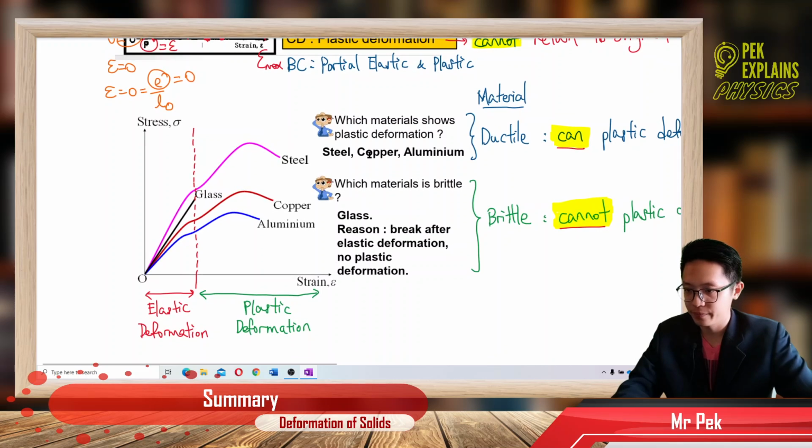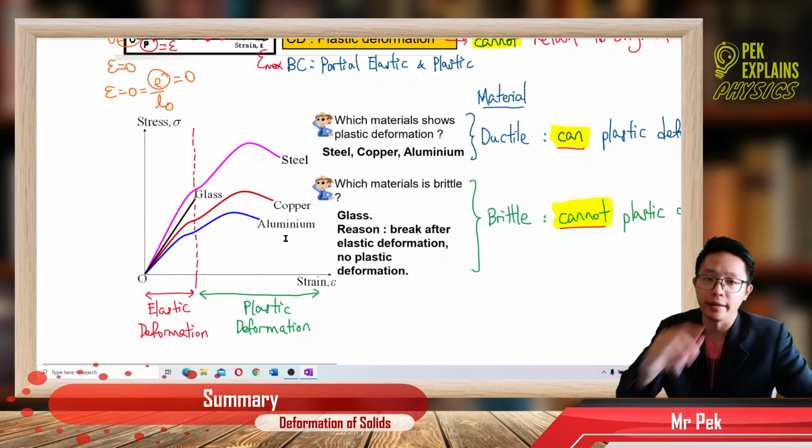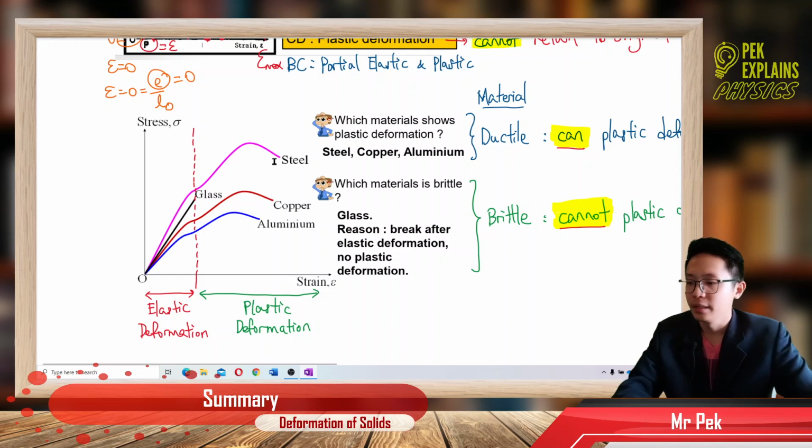Look at this one. We have steel, glass, copper, and aluminium. You see glass. Which part of the graph shows elastic deformation? Which part shows plastic deformation? Of course, the almost straight line is the elastic deformation.